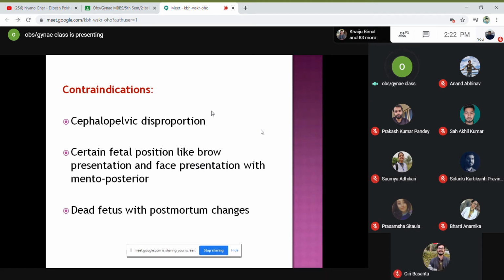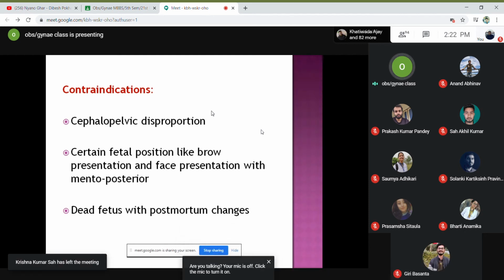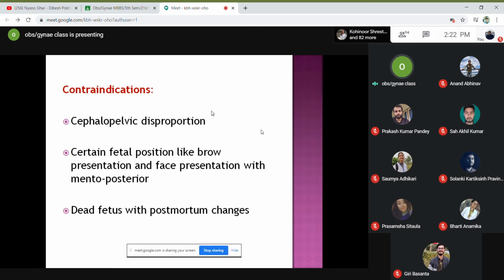Second is certain fetal positions like brow presentation, and face presentation with mentoposterior, where there is no mechanism of labor, so we should not apply the instrument. Third is a dead fetus with post-mortem changes. Fresh IUFD you can apply the instrument, but if it is macerated, with post-mortem changes and liquefaction has already occurred, then you should not apply the instrument.